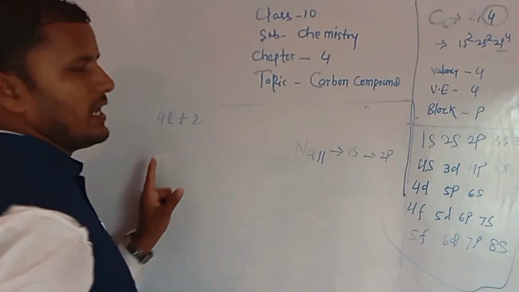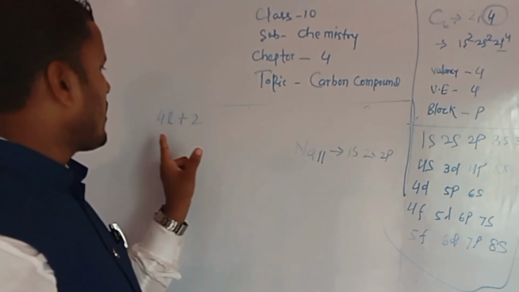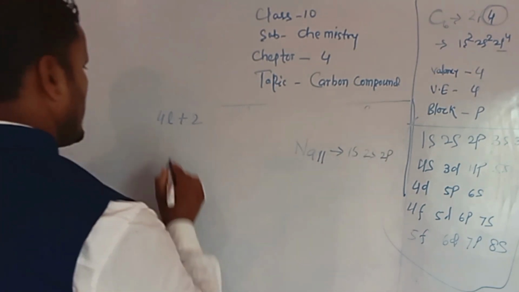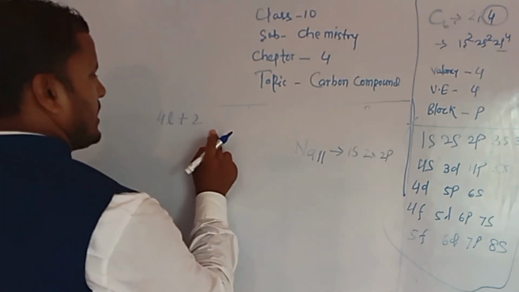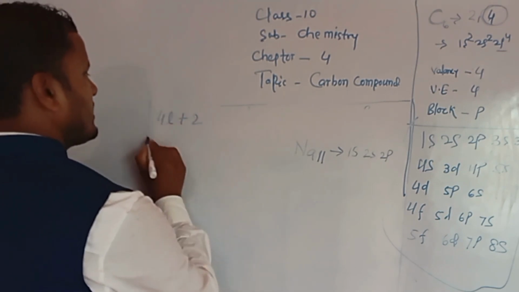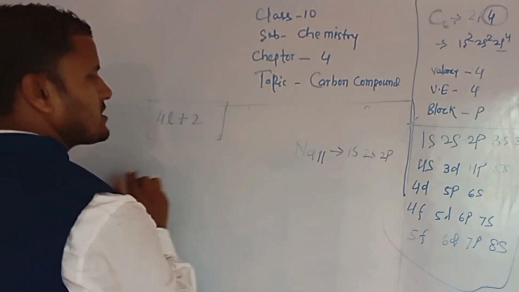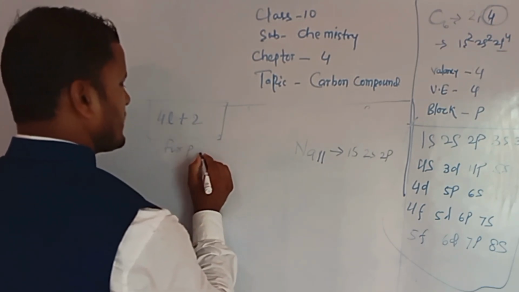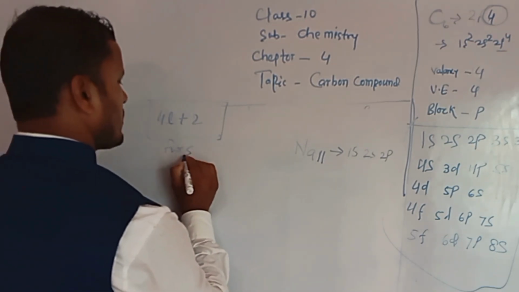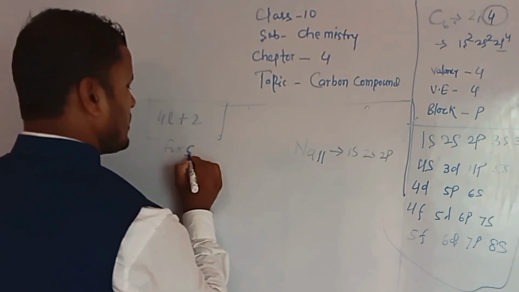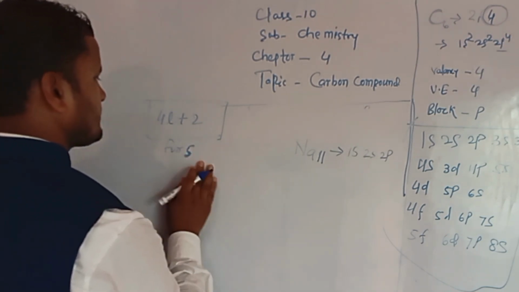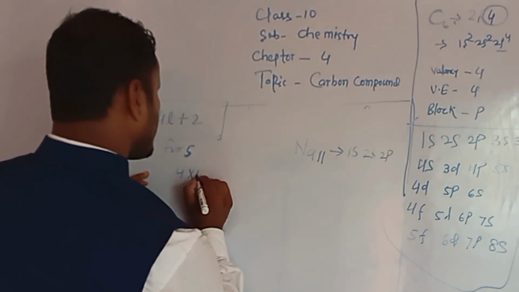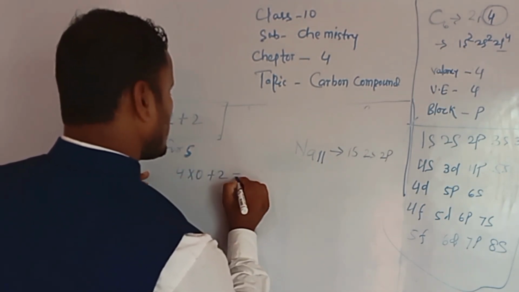This is a formula to find how many electrons are present in any block. Remember it? This is the formula 4l plus 2. For the s block, 4 into 0 plus 2.